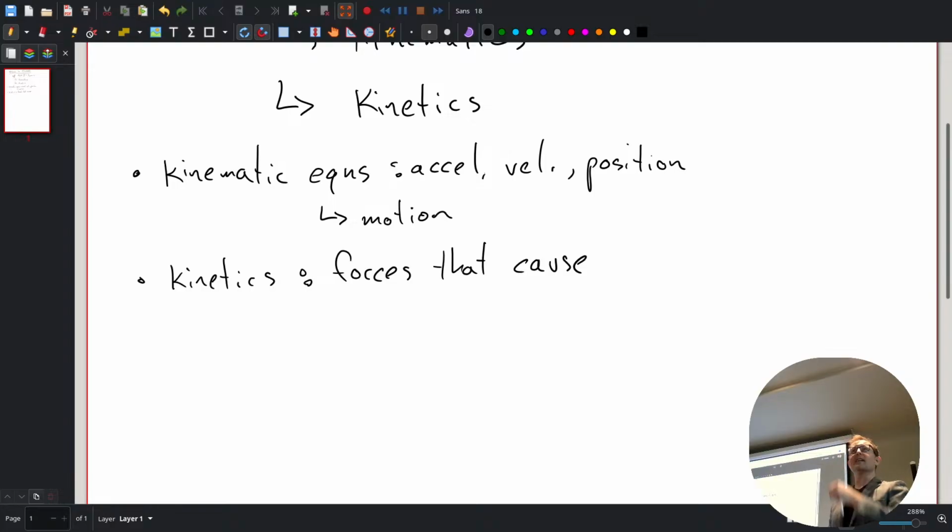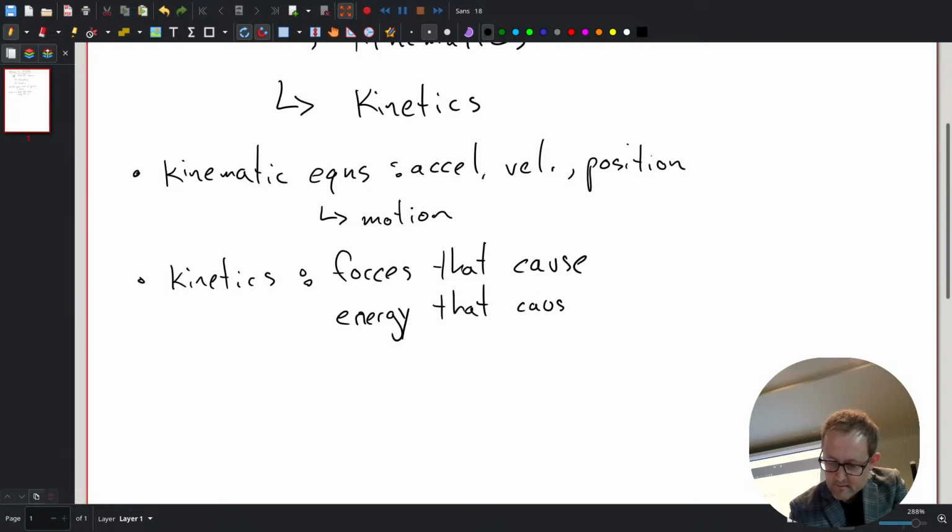So motion. Yeah. Is it energy that causes motion? Energy causing motion, maybe something like that. So we came up with the same thing twice. Yeah, I was going to say, is energy stored by motion?